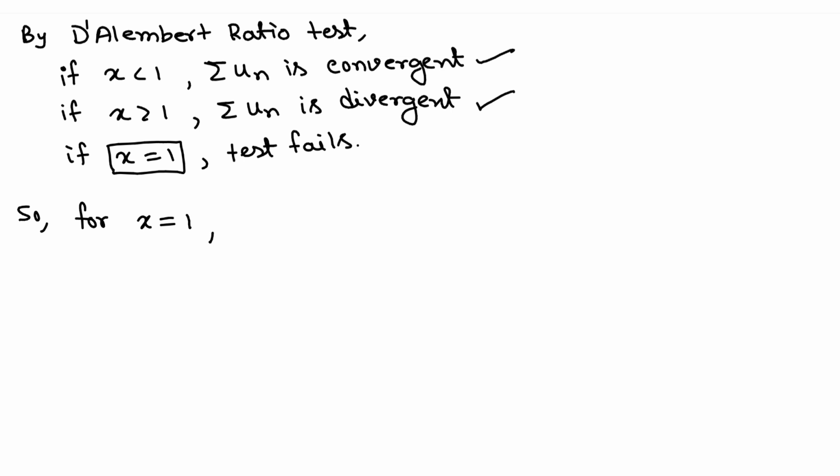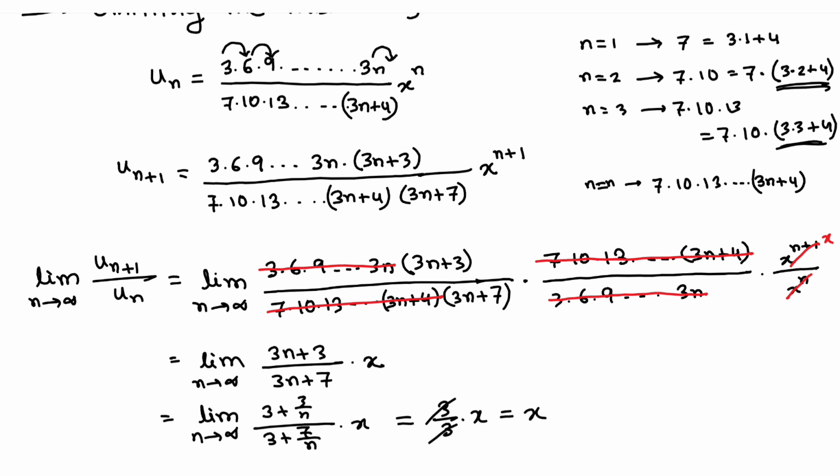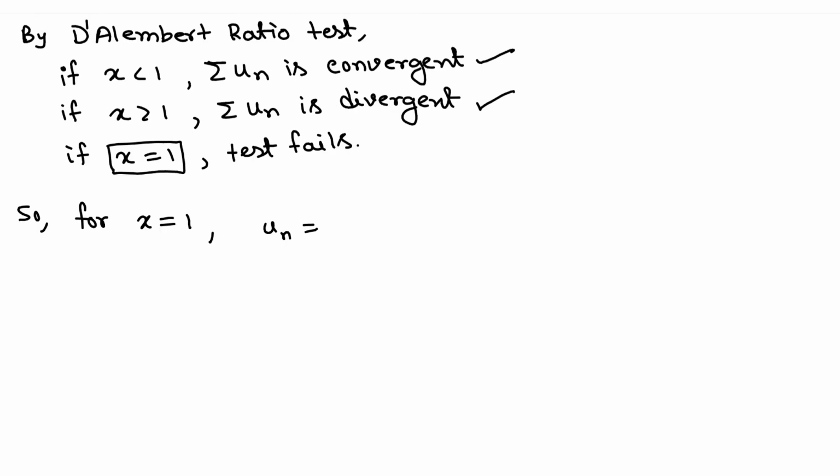Okay, what will be un? This is our un, na? 3 into 6 into 9 up to and so on. Just you have to put x equals 1. So this will be 3 into 6 into 9 up to 3n divided by 7 into 10 into 13 up to 3n plus 4, and x equals 1.